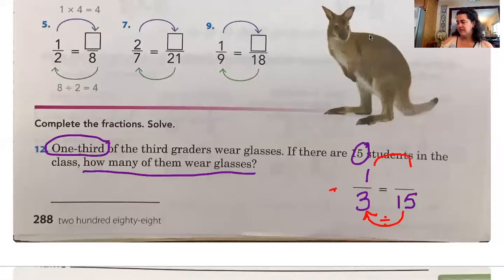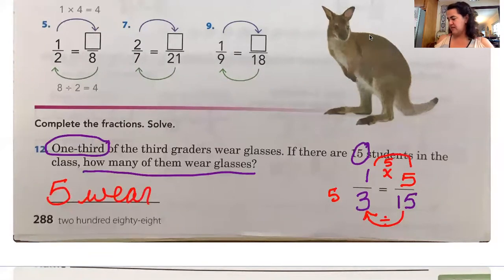I'm going to write the 5 out here, and then I'm going to put it over here and say 1 times 5 is 5. Good. So the answer would be 5 wear glasses.